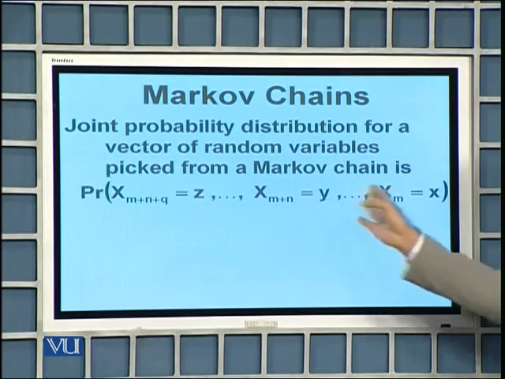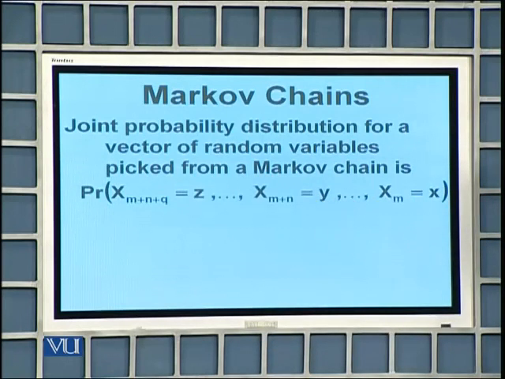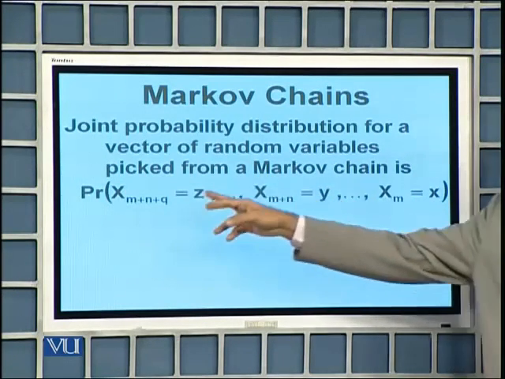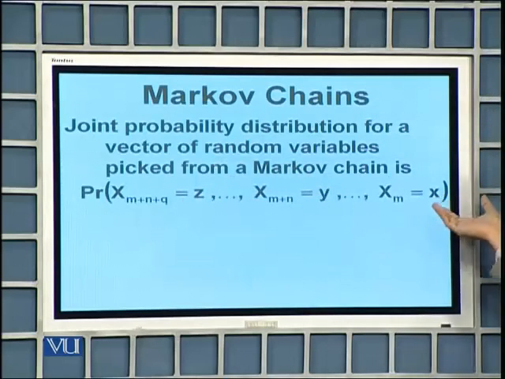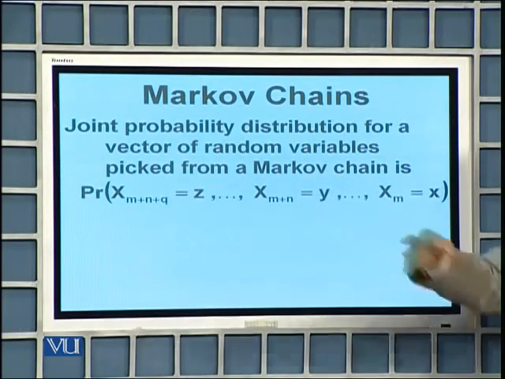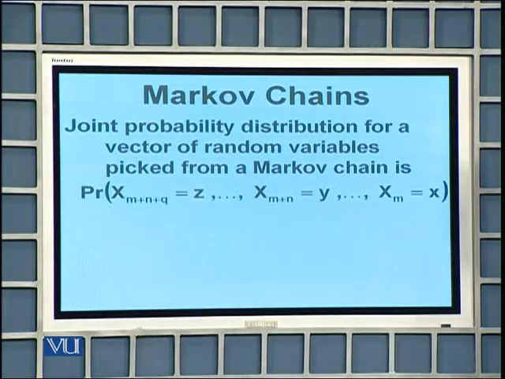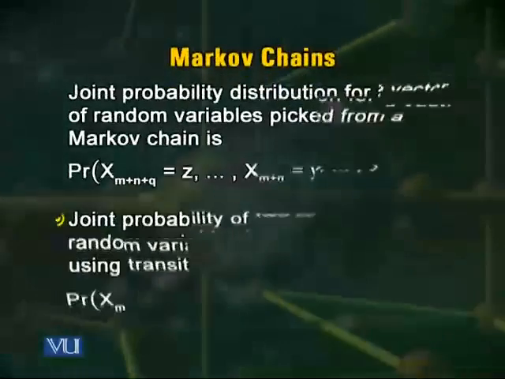So we have a big collection of random variables with their indices taking certain values, and we want to find the probability of this event. If we want to find the probability of all these combinations, we are finding the joint probability distribution of a big vector of random variables picked from a huge collection of random variables in a Markov chain.